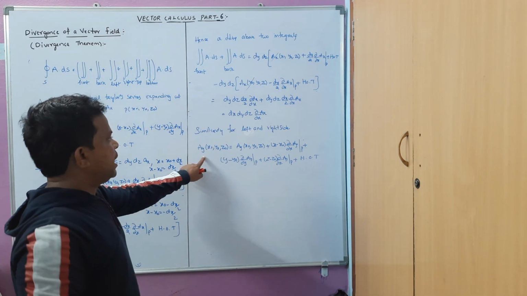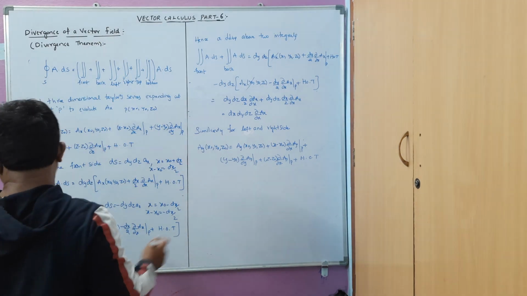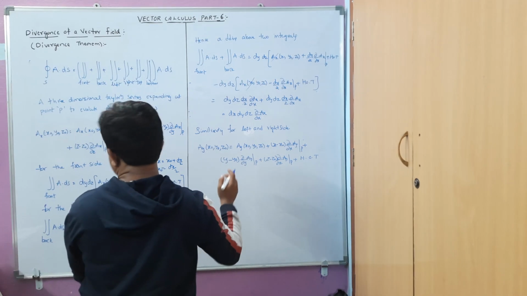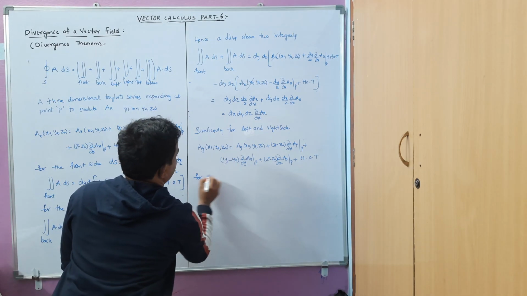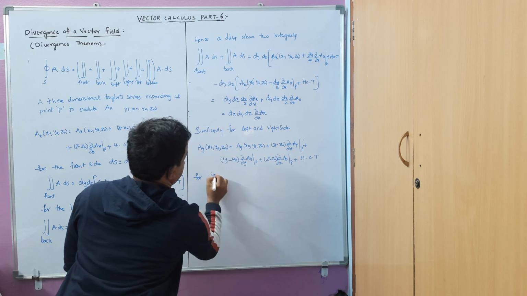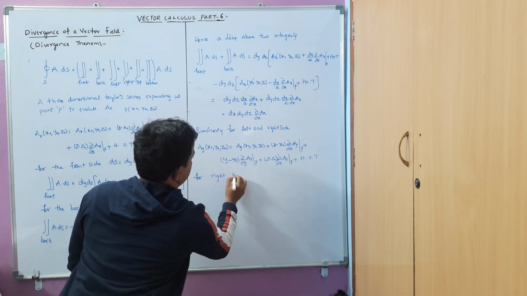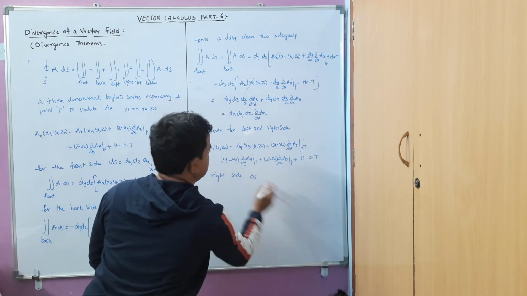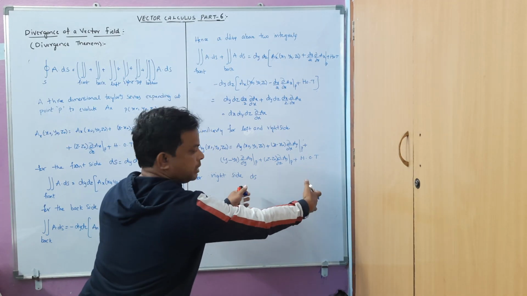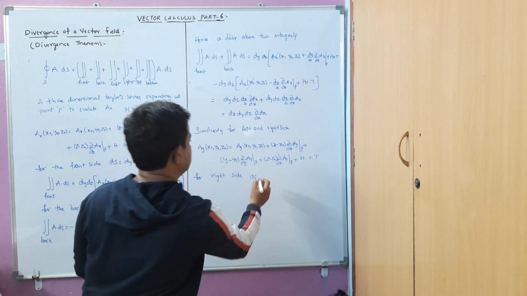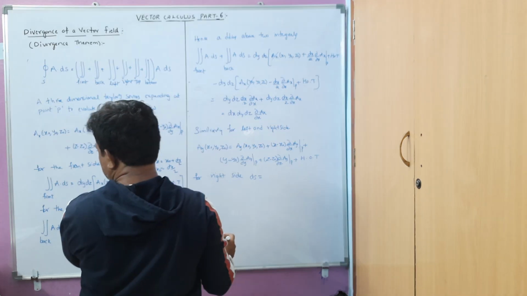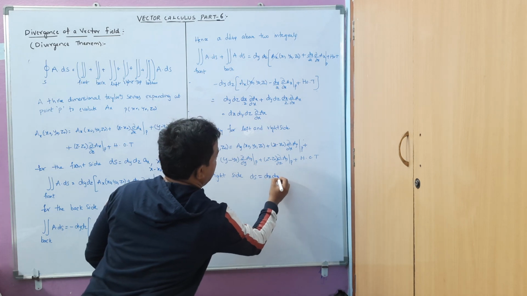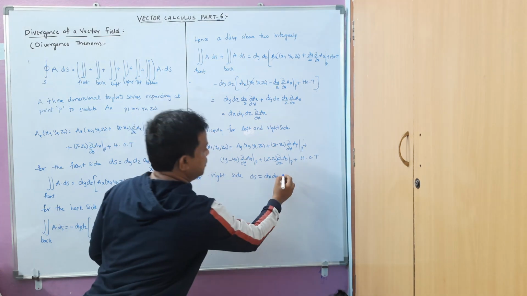Now for this I have to take the left side. So first, let us take the right side. For the right side I get the positive: as we have taken the volume, for the right side ds will be dx dz, and the unit vector perpendicular to that will be ay.